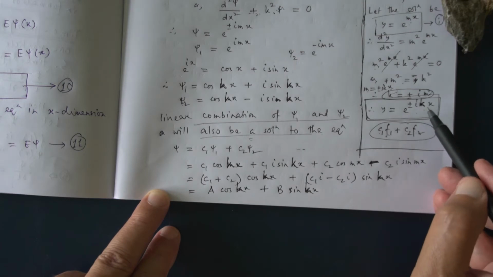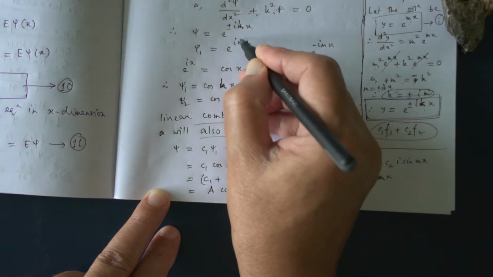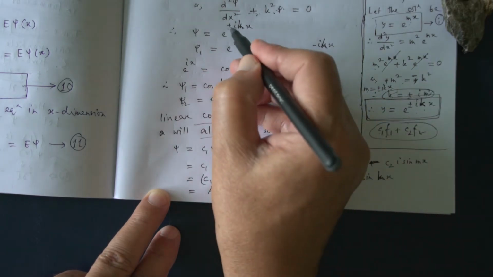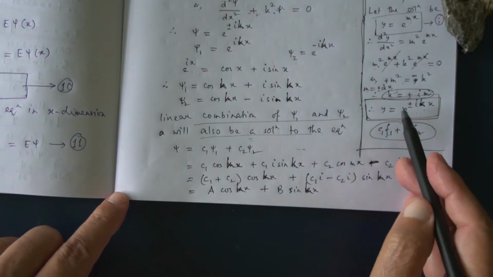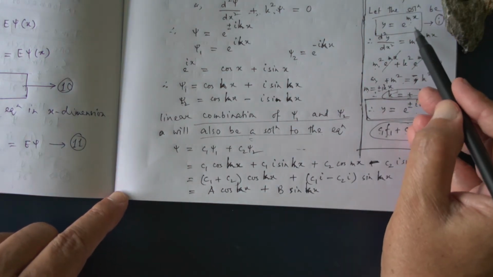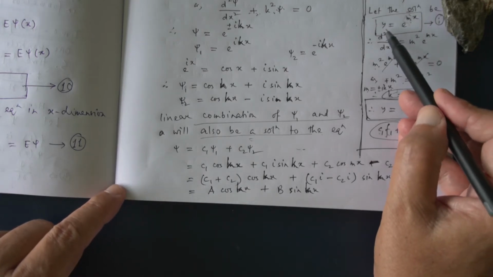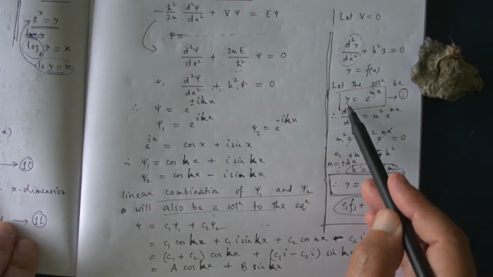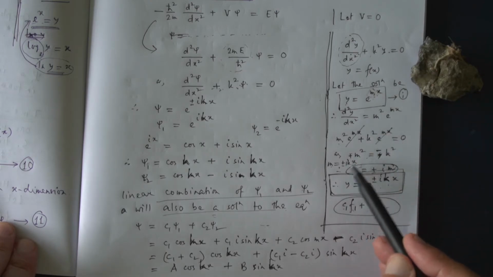So we can write it like this. We have written it in terms of k, not in terms of m, because we assumed the solution to be this, so we have to find the value of m. We assumed the value of y to be this, so we have to know the value of m, and we have found the value of m.